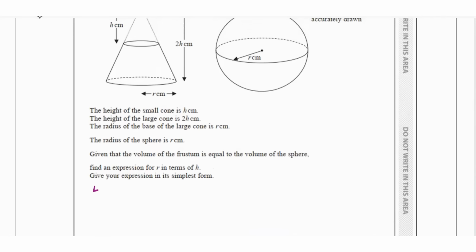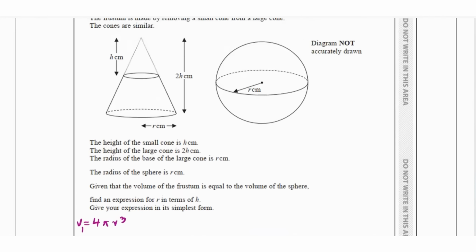So the volume of the sphere is going to be 4 over 3 pi r cubed. And for the volume of the frustum, first we find the radius of the small cone, the cone that has been removed. So we'll use the similar shapes concept for that.